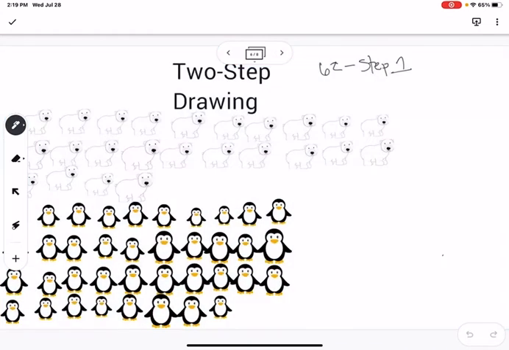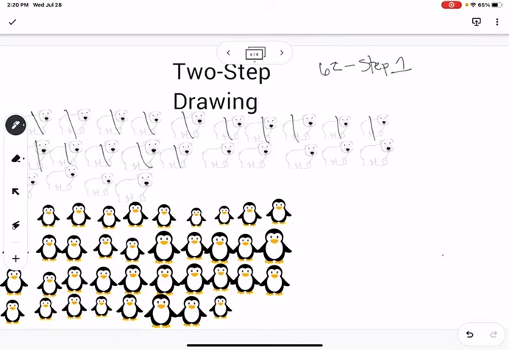So again, there's multiple ways we could figure out this answer as well. We could just say that 15 of them left. So there's 1, 2, 3, 4, 5, 6, 7, 8, 9, 10, 11, 12, 13, 14, 15 left.